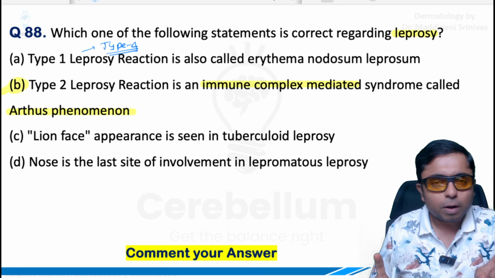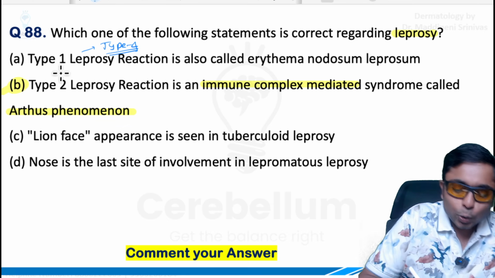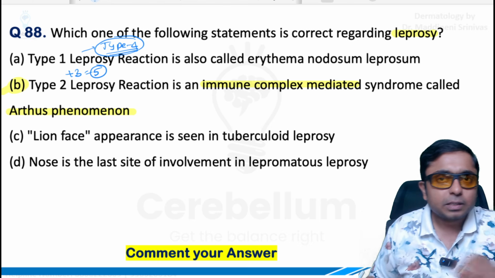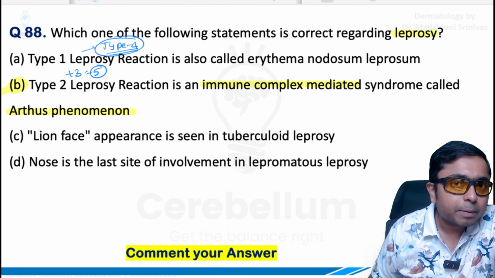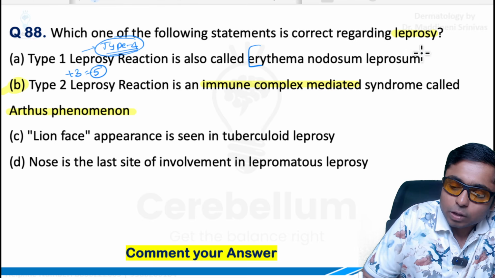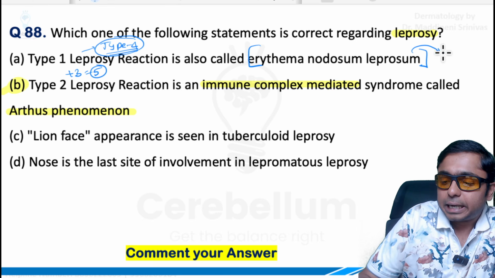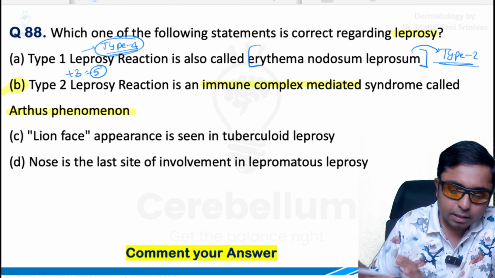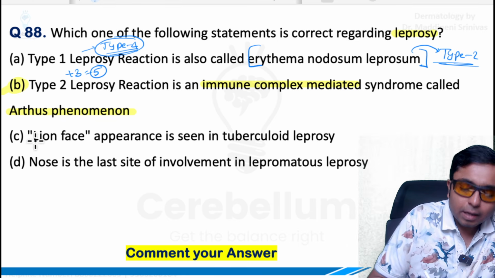I hope you remember 1 plus 4 is equal to 5, 2 plus 3 is equal to 5. Type 4 hypersensitivity is cell-mediated, delayed type of hypersensitivity reaction. Erythema nodosum leprosum, dear students, is the other name for type 2 lepra reaction. So statement 1 is wrong.